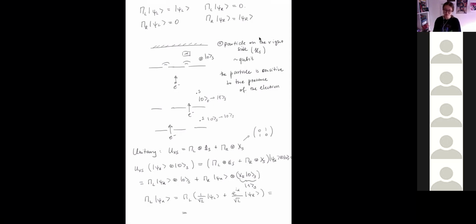So the second term in the sum disappears. And the first term, PL acting on psi L, just gives us psi L. So it'll be 1 over square root of 2 psi L.